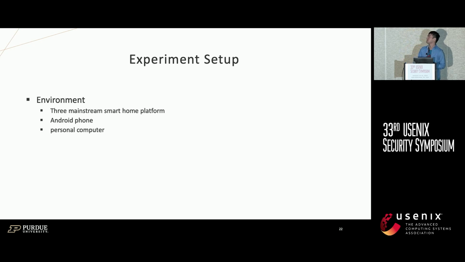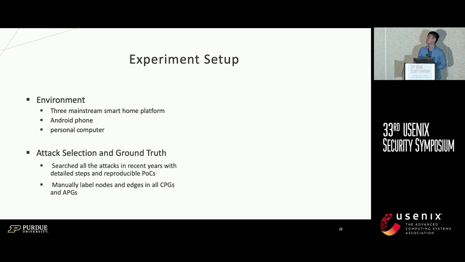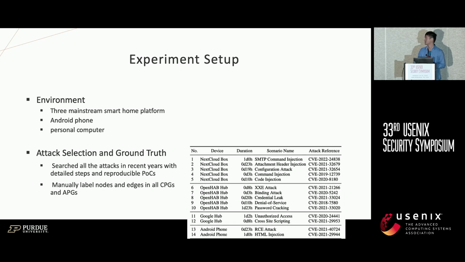So we evaluate our system on 5 different devices, including 3 mainstream smart home platforms, 1 Android phone, and 1 personal computer. To select the attacks, we searched all the attacks in recent years with detailed attack steps and reproducible POCs. We manually labeled nodes and edges generated in these provenance graphs.